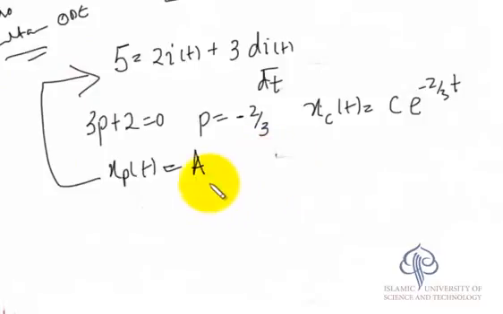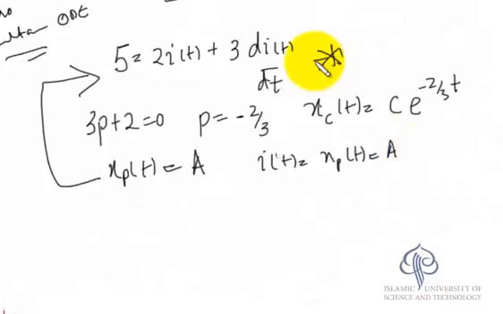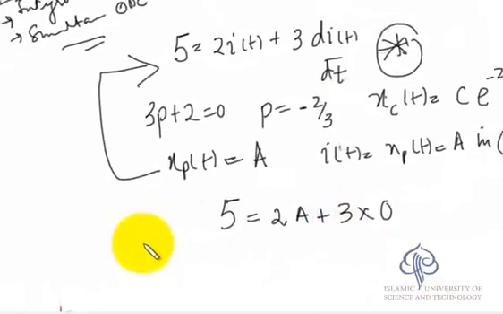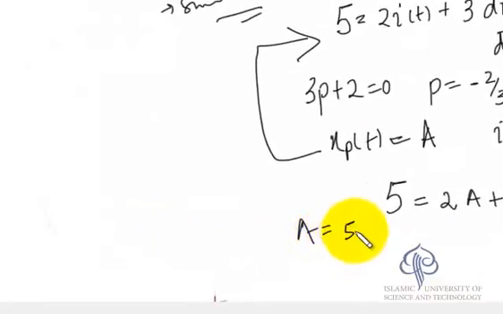So when you put i_p(t) is equal to a in the original equation, you should be able to satisfy it. So you'll get 5 is equal to twice a plus 3 into the differential of a, which is 0. So a is 5 by 2.